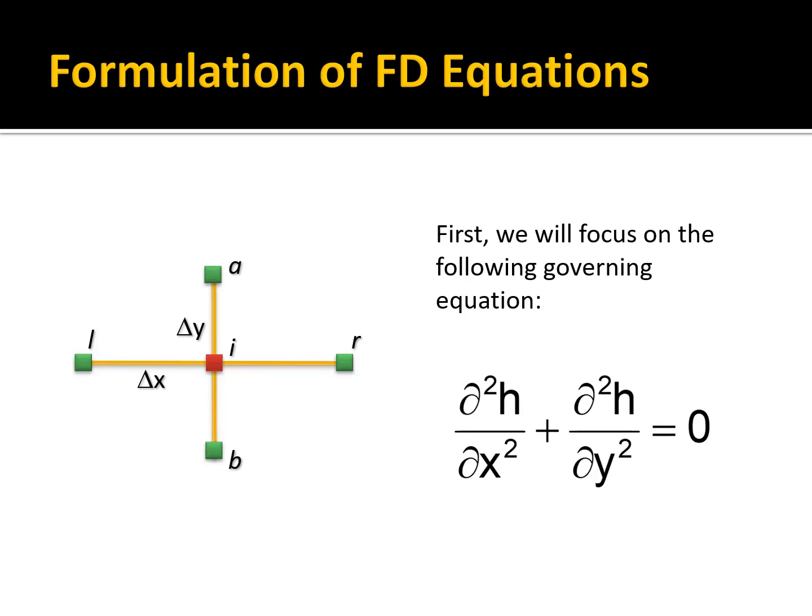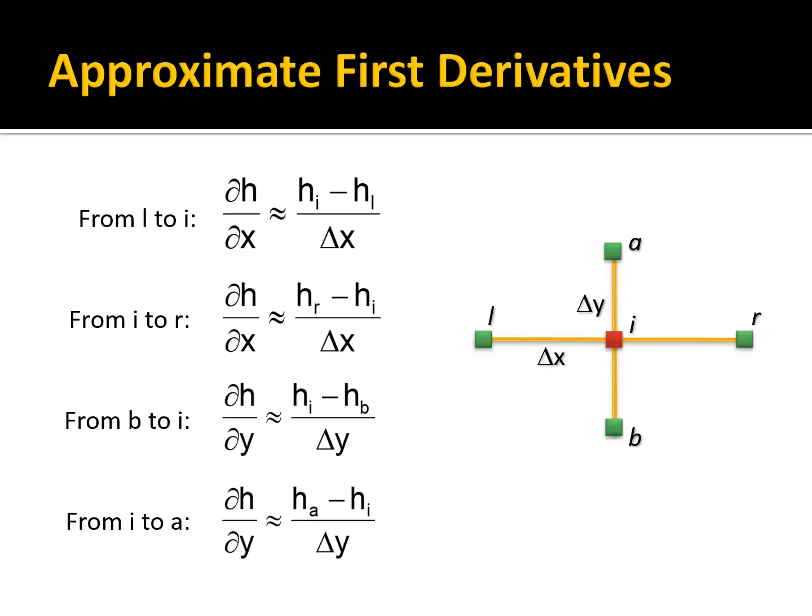In part 2, I'm going to show you how to go back to where kx does not equal ky, but assuming it's isotropic makes our derivation a lot simpler, so that's what we're going to begin with. And so the first thing we do is we approximate a set of first derivatives.